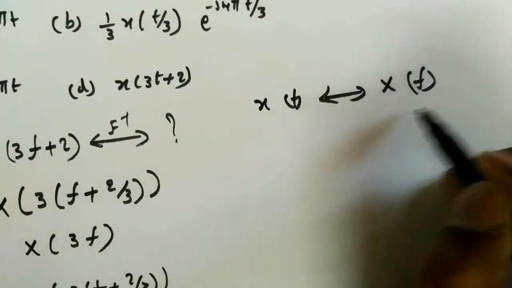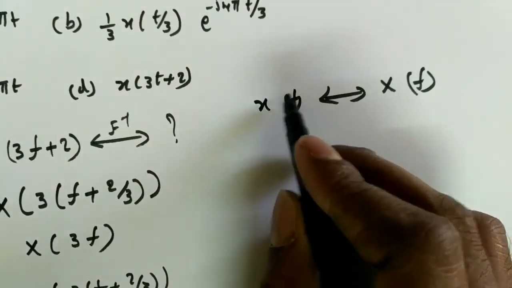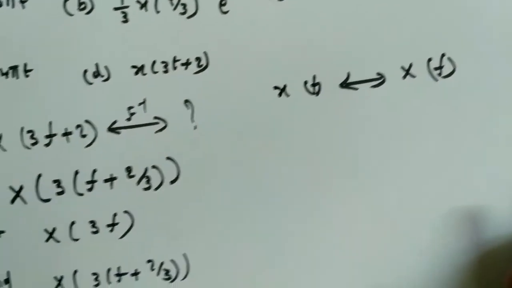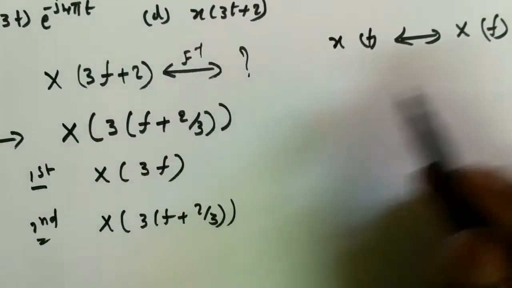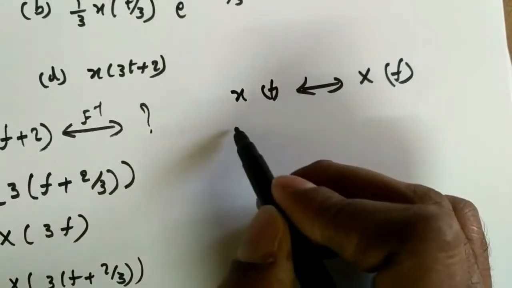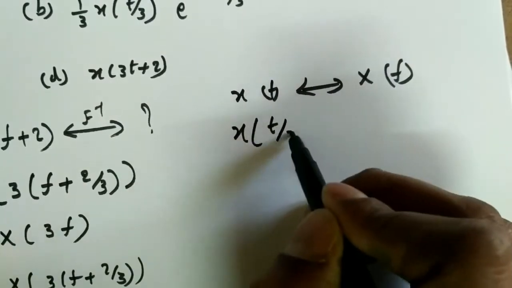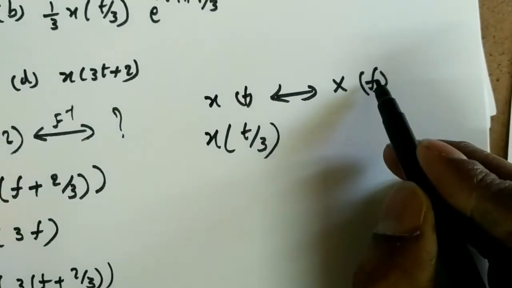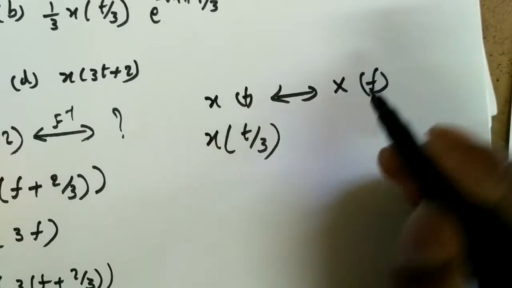Now to scale in the frequency domain, what do we need to do? We need to scale in the time domain. Now if you see this 3f, I need 3f. So what is the scaling factor? It should be t by 3. Then only we'll get f by 1 by 3, so I will get 3f.